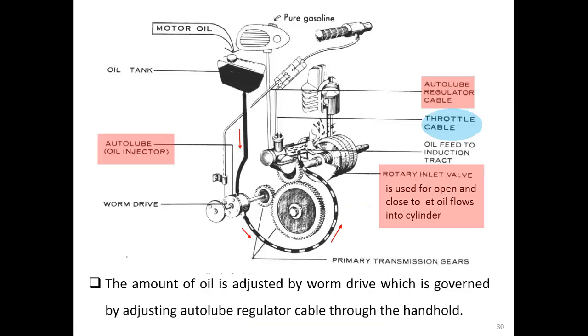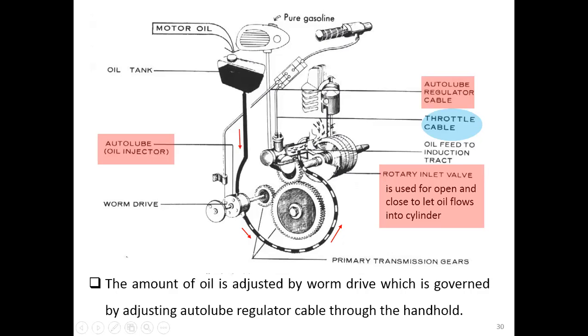Okay, so let's look at how this system is. In this picture, you can see we have an oil tank here, not inside the engine. Our engine is here. The system is controlled by using this handle, or the handgrip, here.